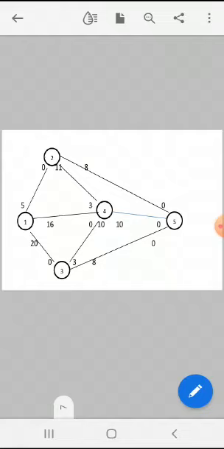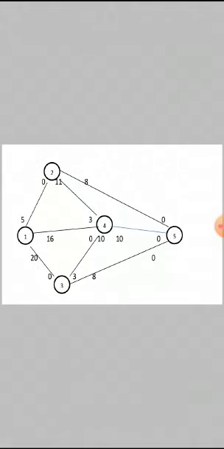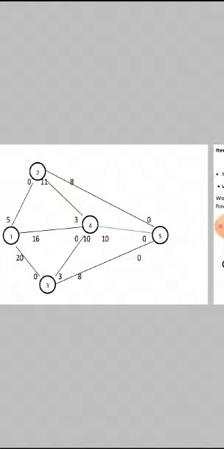So minimum is 5. So along this path, 5 units of liquid can be flowed from 1 to 5. Let that be F1. F1 equals 5, the minimum of 5 and 8.